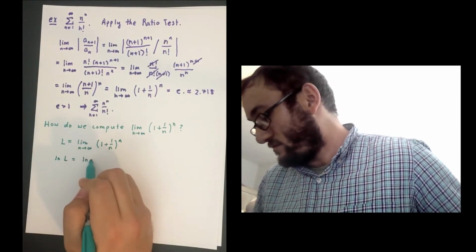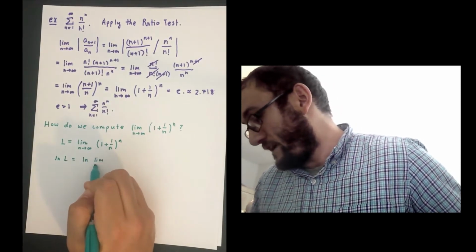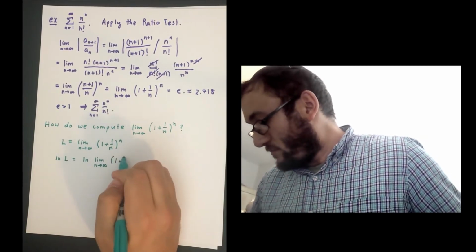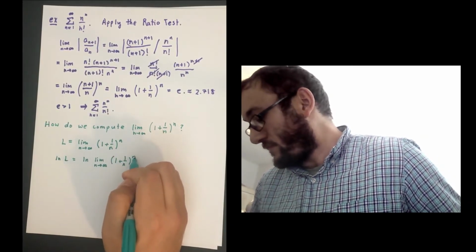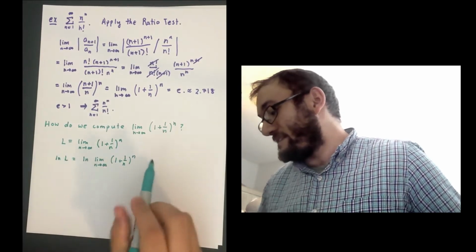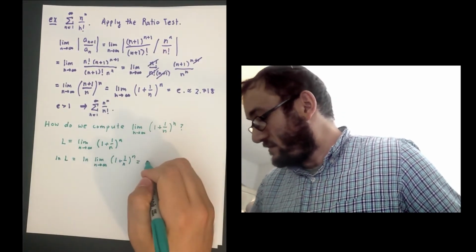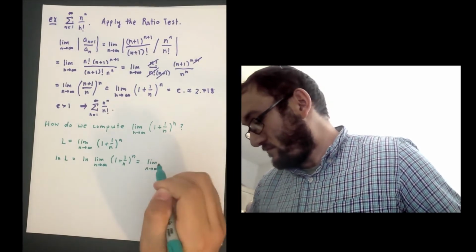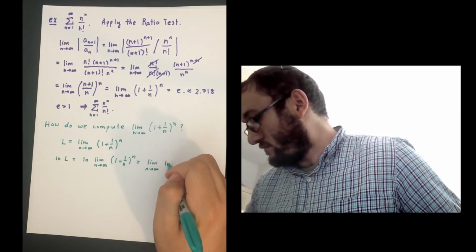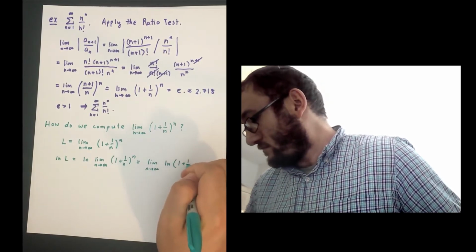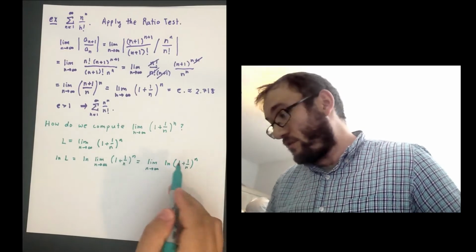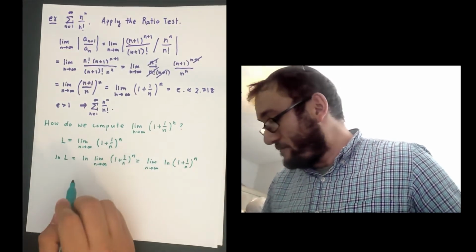without running into the discontinuity of log. And then I can pass the log inside of the limit. Okay? When you have log of a power, you can bring that power down.